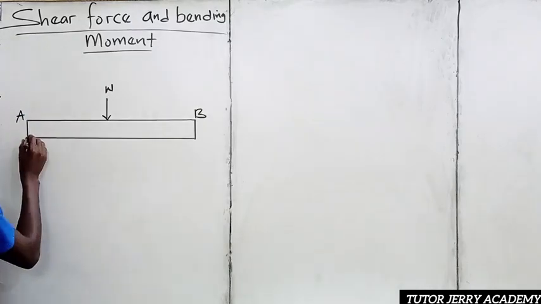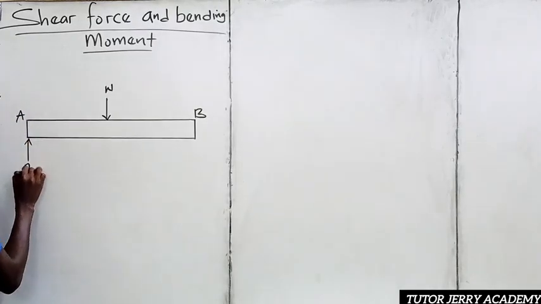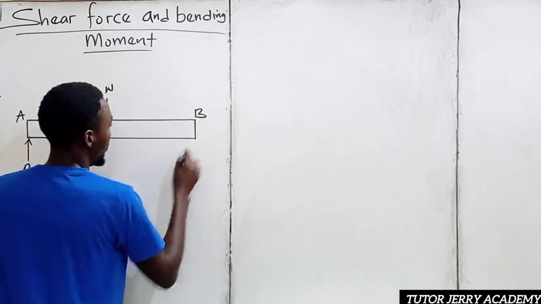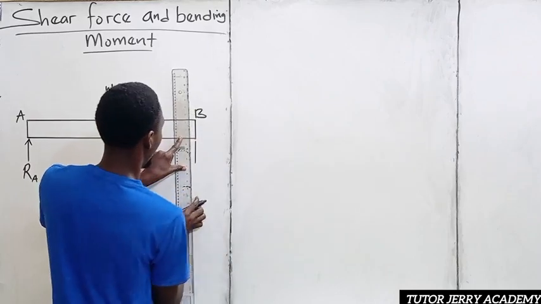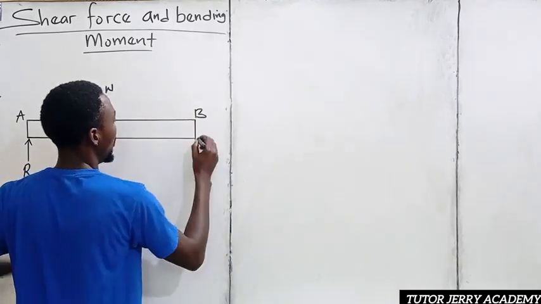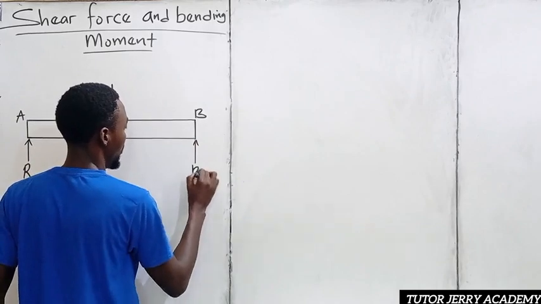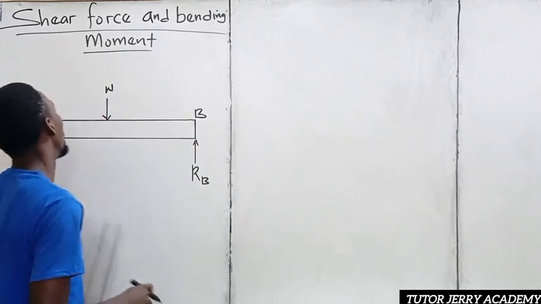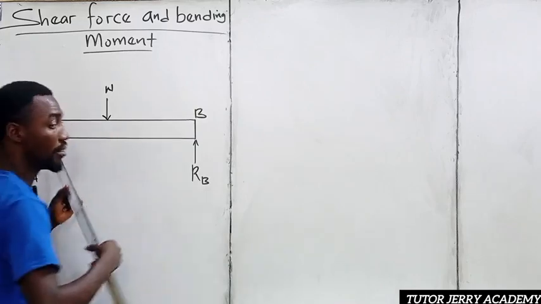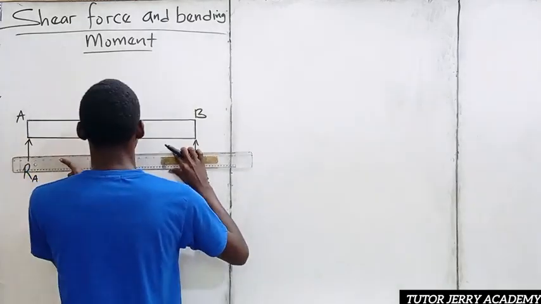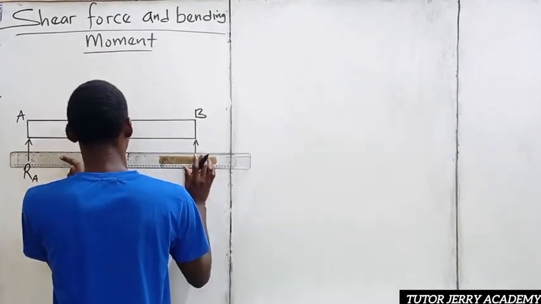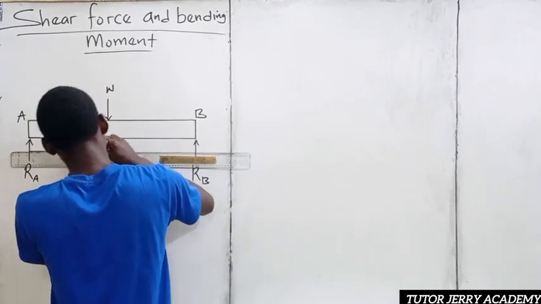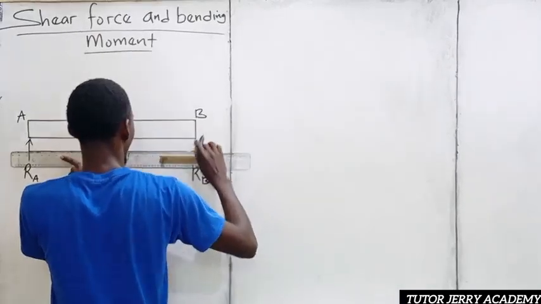Let's use reactions R subscript A and R subscript B. Let's take the length of the beam to be L.